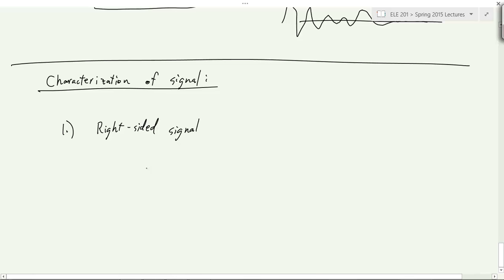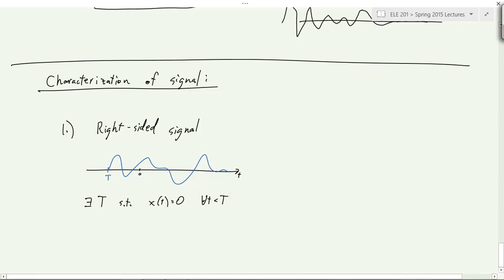I'll plot an example here. Here's t, and a right-sided signal is something like this. It just means that there's some value of capital T for which the signal doesn't exist to the left of that point. So there exists a T such that x of t equals 0 for all t less than capital T.